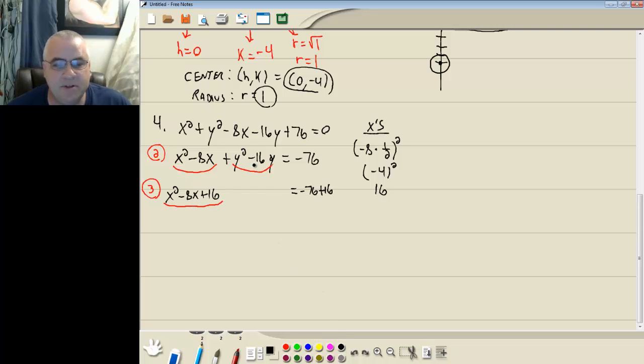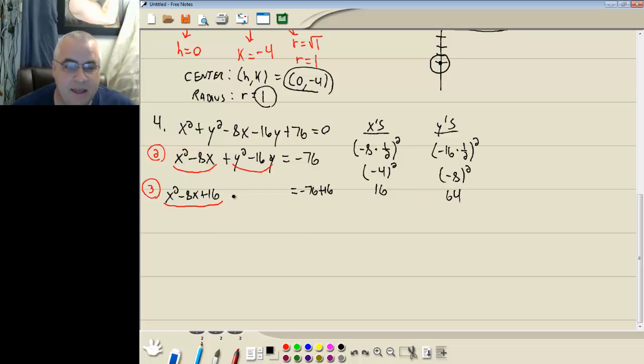Now let's complete the square on the y's. We take the number that's before our y, which is negative 16. You multiply it times a half and you square it. Negative 16 times a half is negative 8, and negative 8 squared gives us 64. Then we add that to both sides. So we got y squared minus 16y plus 64, and I'll put a plus 64 over here.